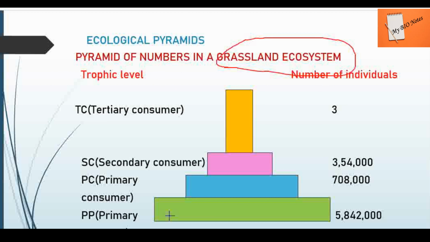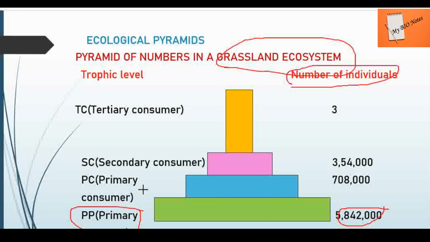Here you will have the primary producer, and they are given in number. If we take a grassland, see how many individuals there are. There are no specific units here, we just count and write the numbers.